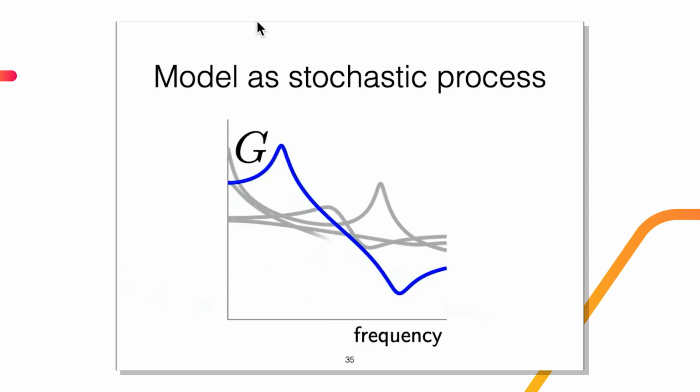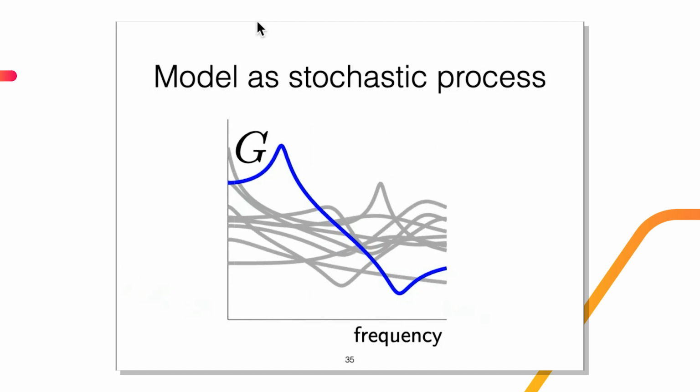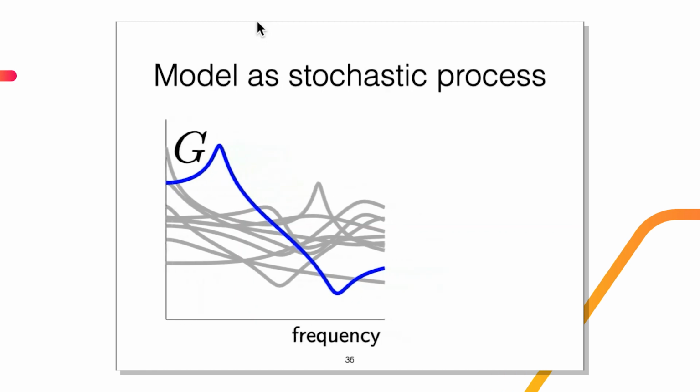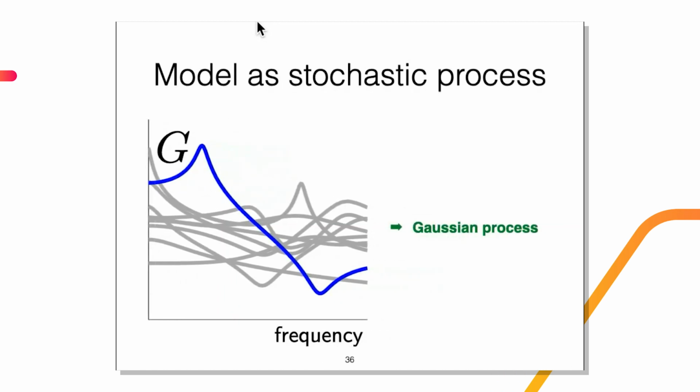You can think of a lot of other realizations of the stochastic process. So the problem now is to define the kernel function, one that would be a good description of this stochastic process called a transfer function. How are we going to do that? We're going to describe the transfer function as a Gaussian process.